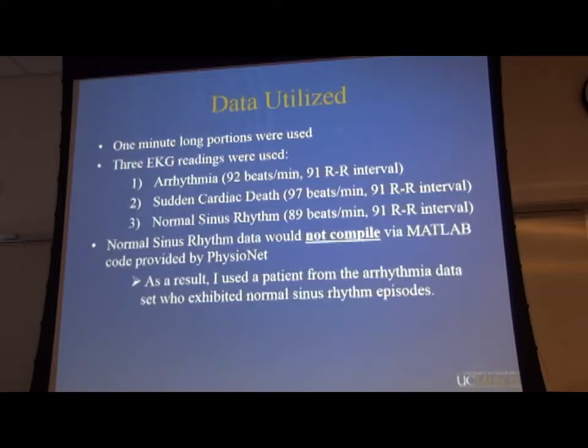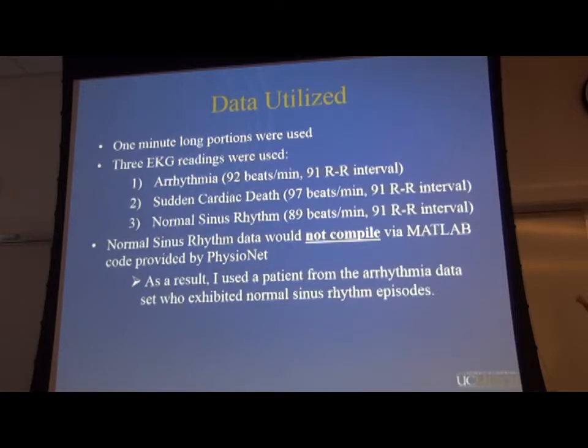And I know I'm running out of time. So really quick, 1 minute was used, 3 EKGs were read. One thing I have to note ethically: the normal sinus rhythm data will not compile from the code the PhysUnit gave me.